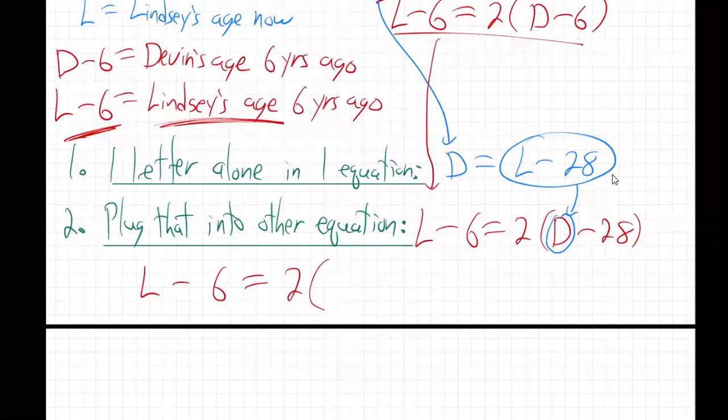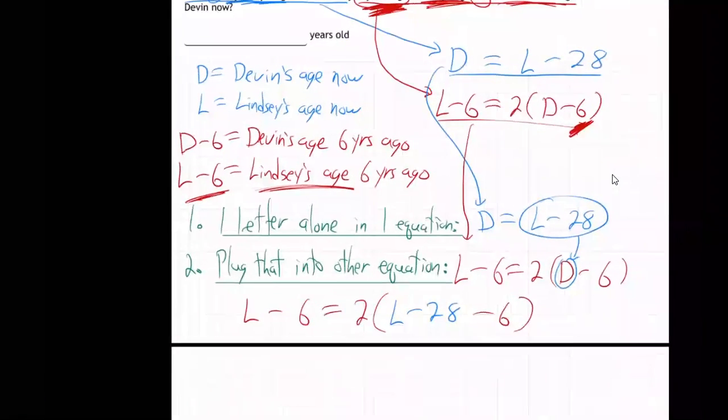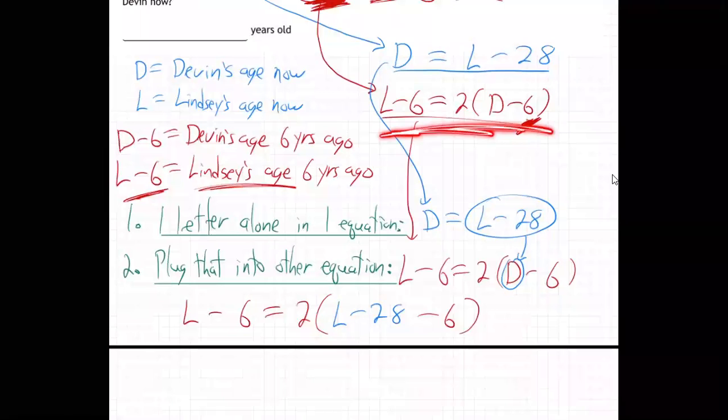And then we got the D, which is L minus 28. Wait, what did I do? Oh, I didn't copy this right, did I? Sorry, guys, this should be a 6, right here. So there we go. Does that make sense? I just miscopied. This should have been L minus 6 is 2 times D minus 6. There we go. Now it's correct.